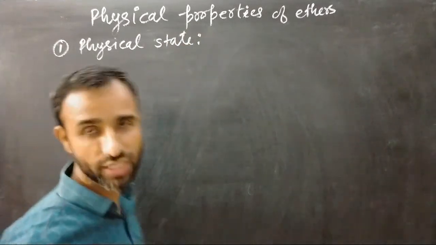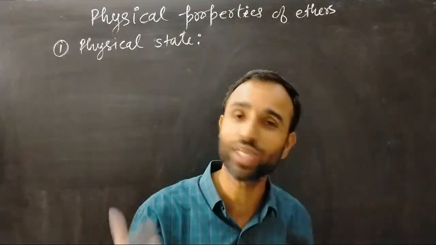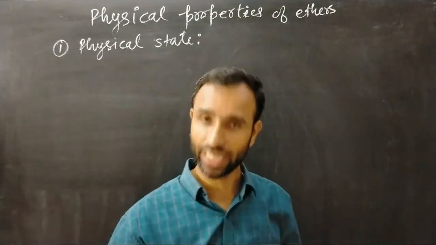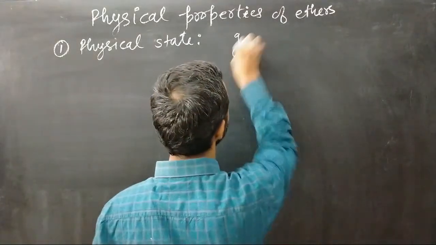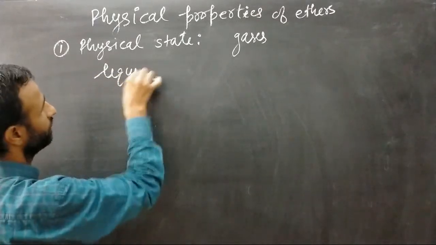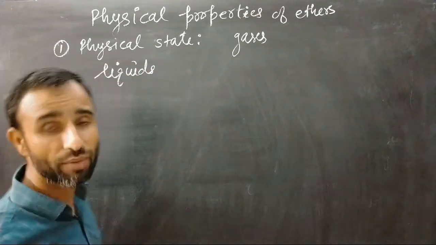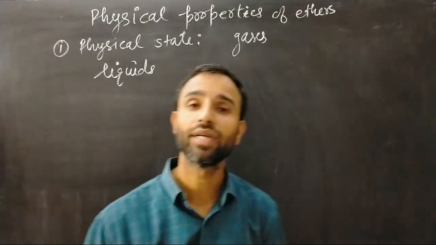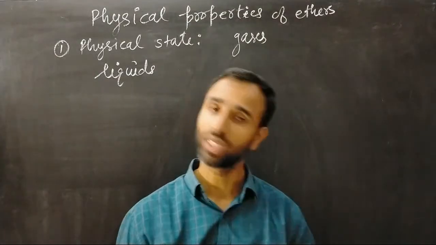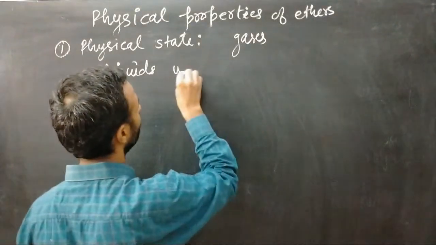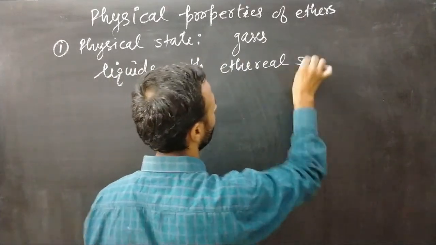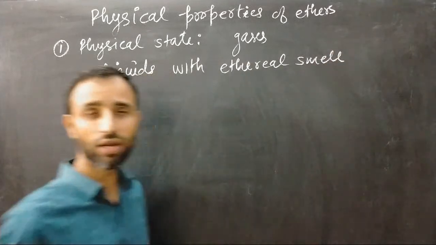Lower ethers are gases. Obviously lower members are always gases because of weak van der Waals attractions. Higher members are liquids, because when molecular mass increases, intermolecular forces of attraction or van der Waals attractions increase, so they become liquid with an ethereal smell.